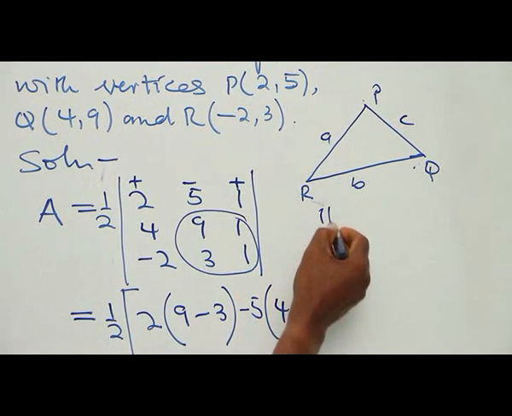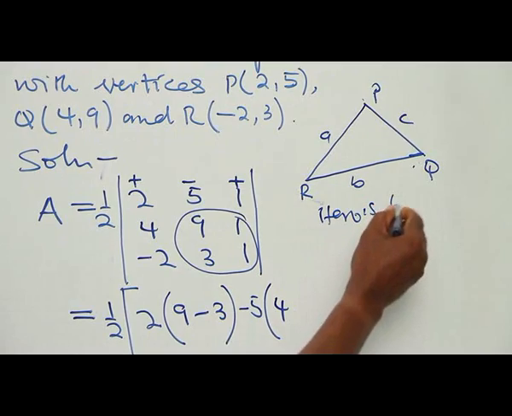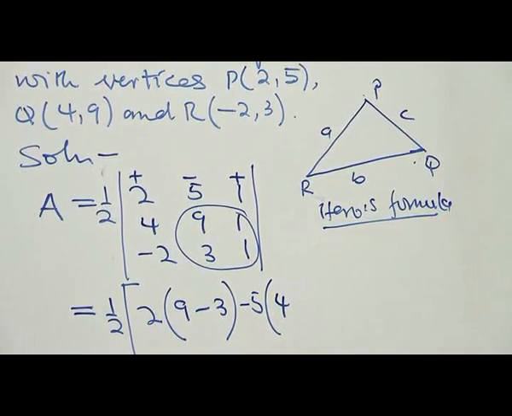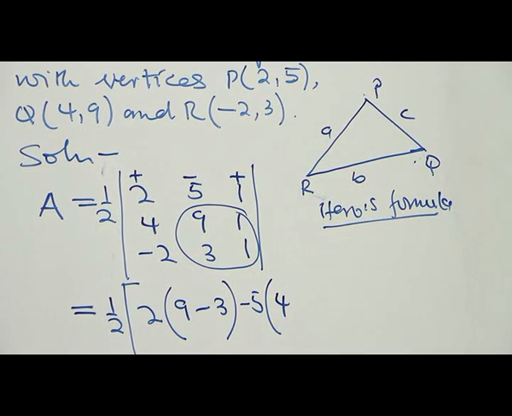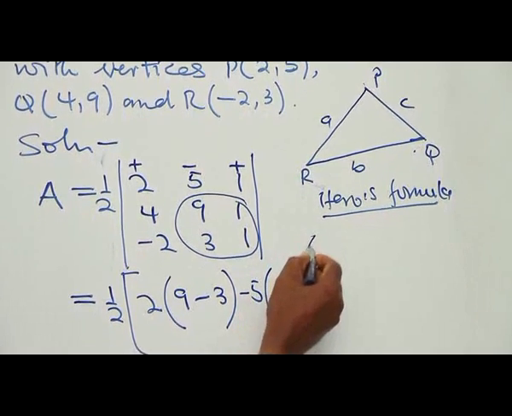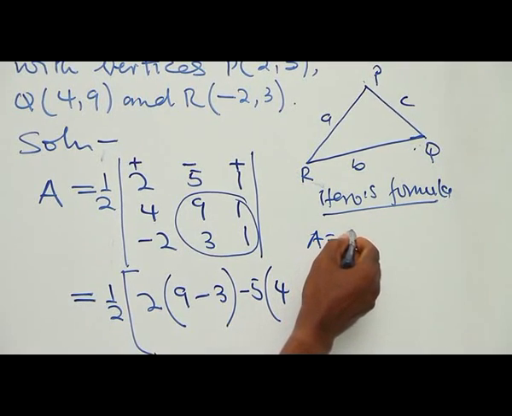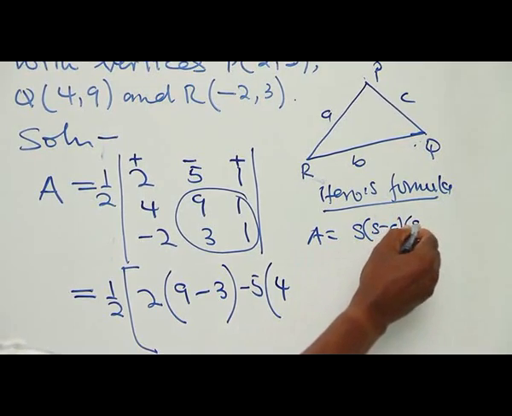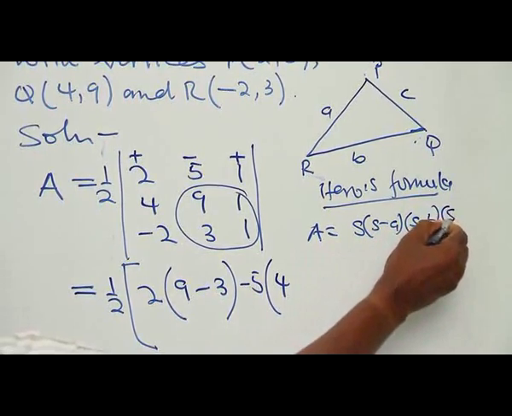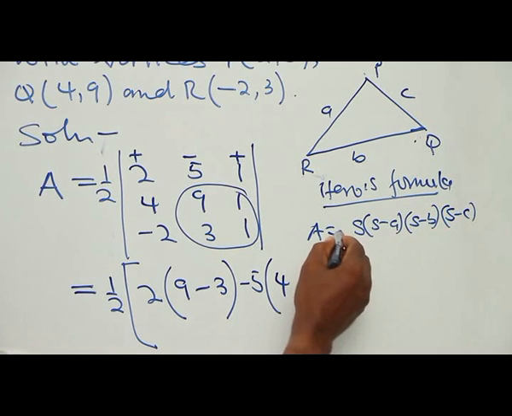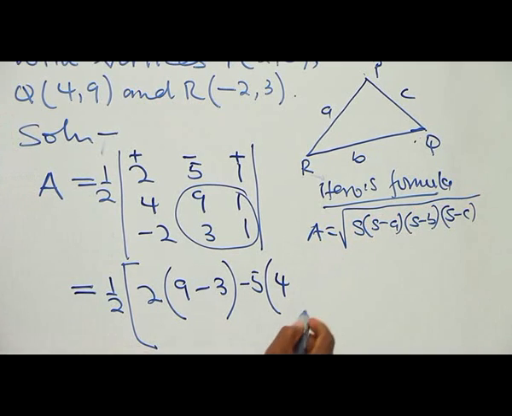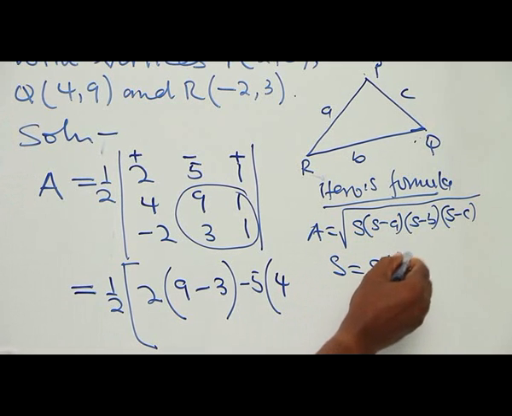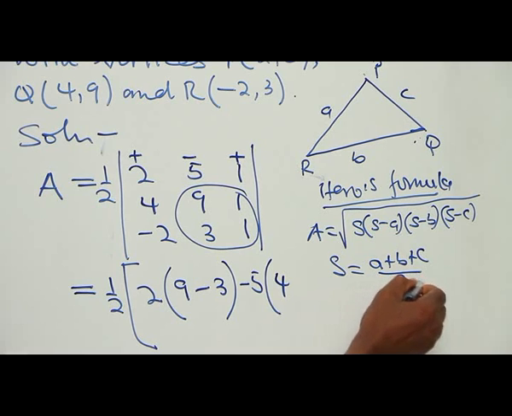You can now use Heron's formula to find the area of this triangle. You recall that Heron's formula is equal to the square root of S into S minus A, S minus B, and S minus C, and then your S is equal to A plus B plus C all over 2.